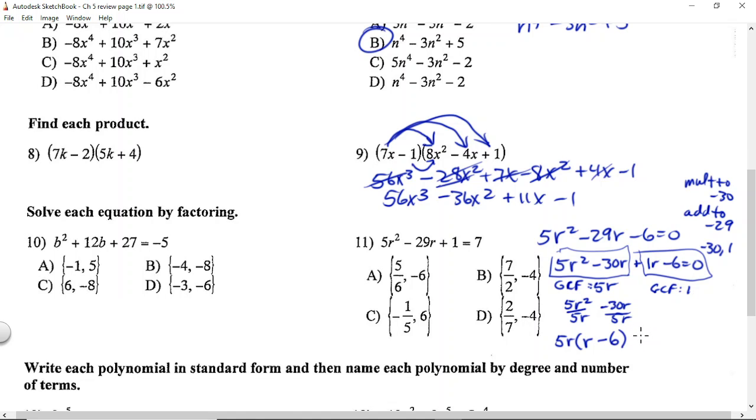Okay, on the other one, we just factor out a 1. And so that just leaves it the same, r minus 6. Well, that's looking good. We did get our r minus 6 here like we wanted.